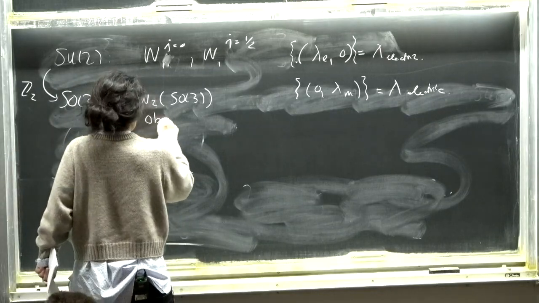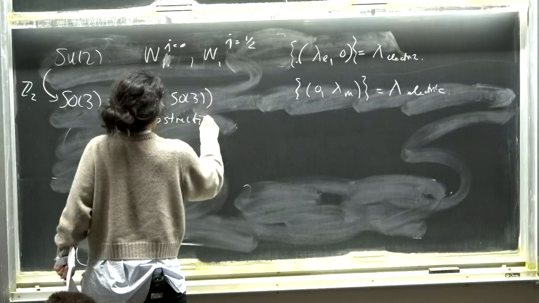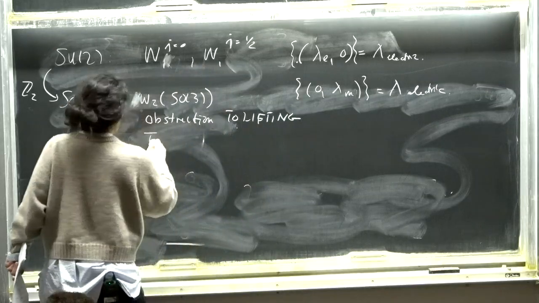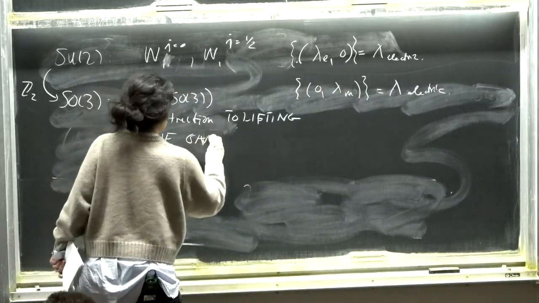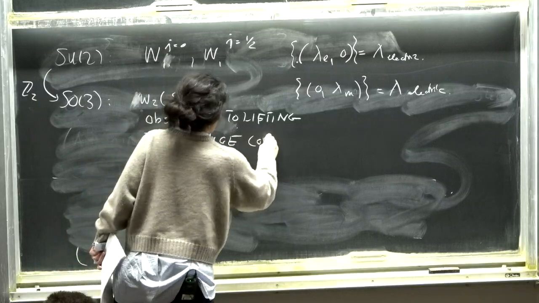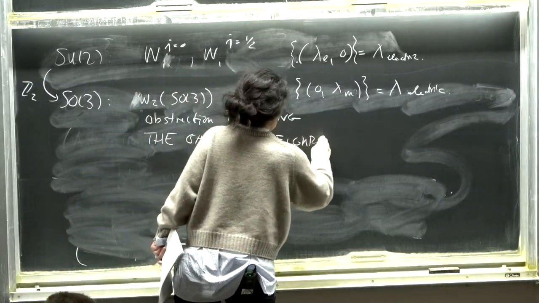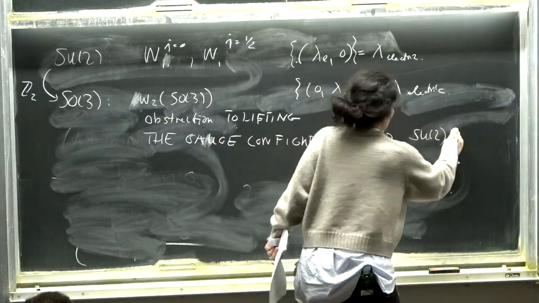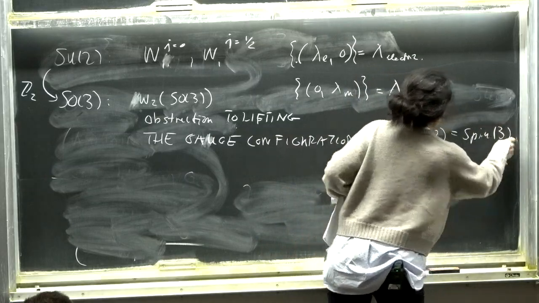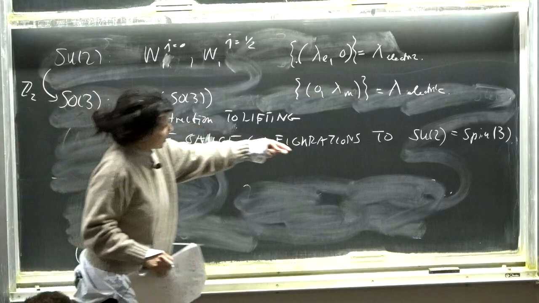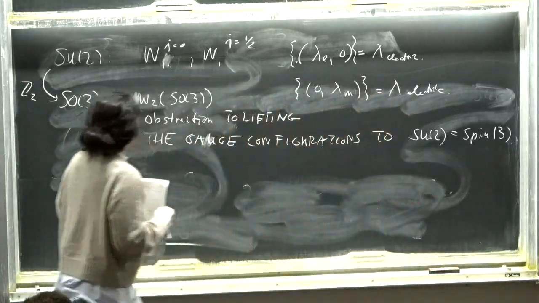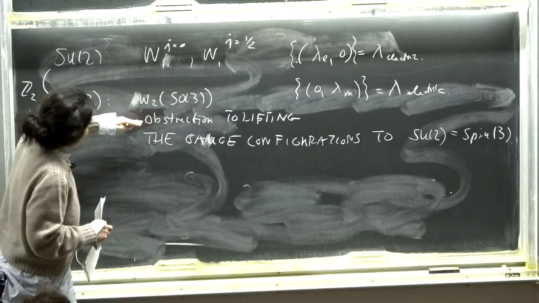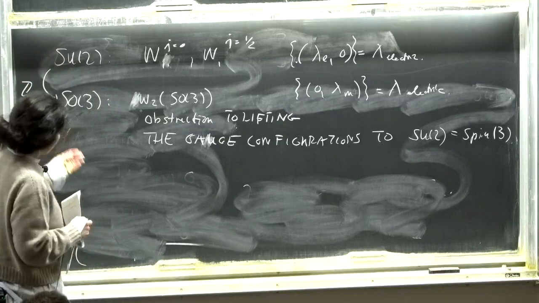There's an obstruction to lifting the gauge configurations to SU(2), which is also Spin(3). Normally we would write the simply connected version of SO(3) as Spin(3). And so this W_2 is essentially, as we'll see later on, to go from here to here, you sum over these configurations of W_2.